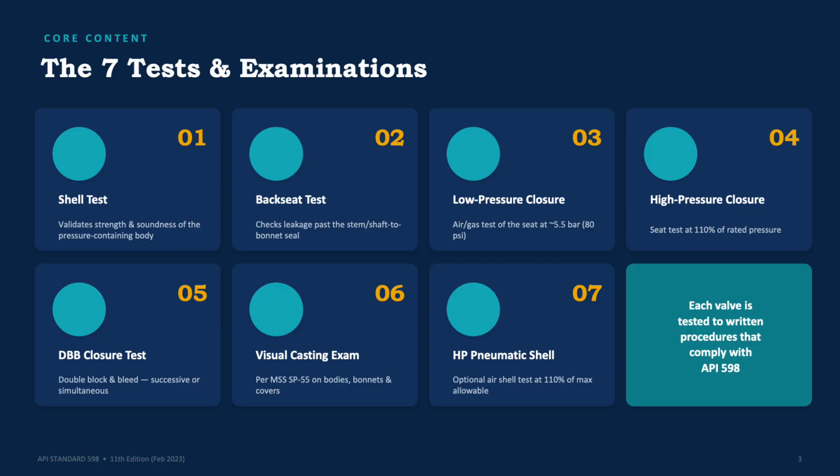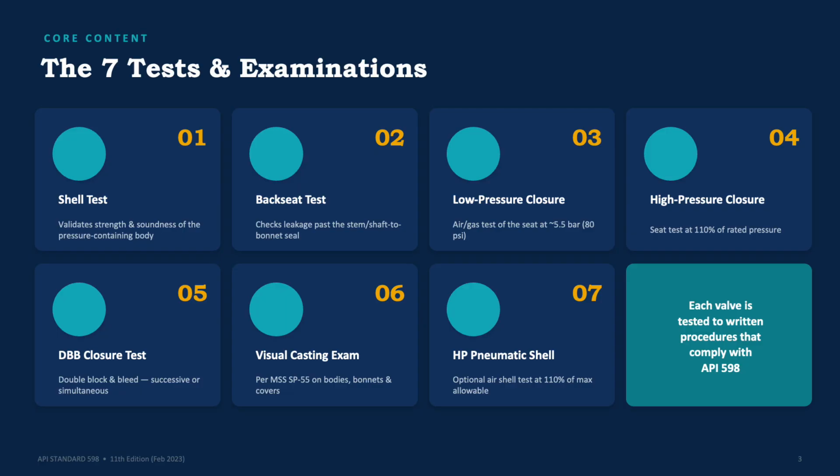Third, low pressure closure, where we check the seat with an air and gas test at 5.5 bar or 80 psi. Fourth is the high pressure closure test, where we check the seat at 1.1 times the rated pressure.